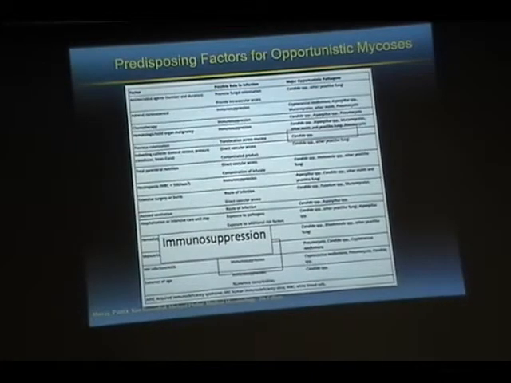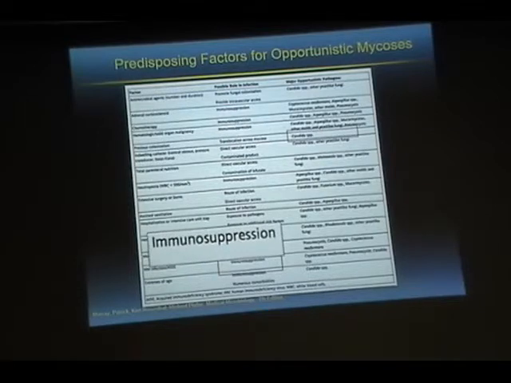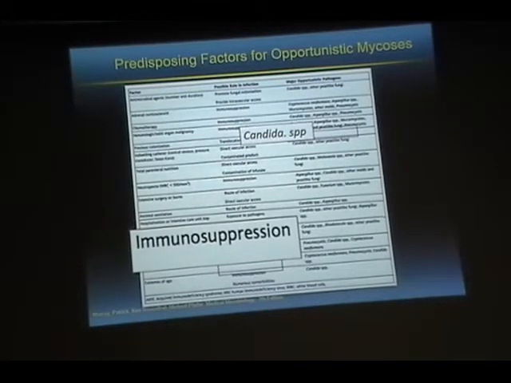So as you can see, immunosuppression and Candida species, we hear these two again and again. So let's look at some of the details of how Candida causes the infection and how the immune system develops an antimicrobial response to Candida.